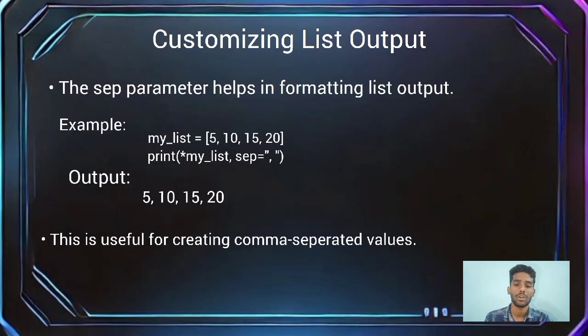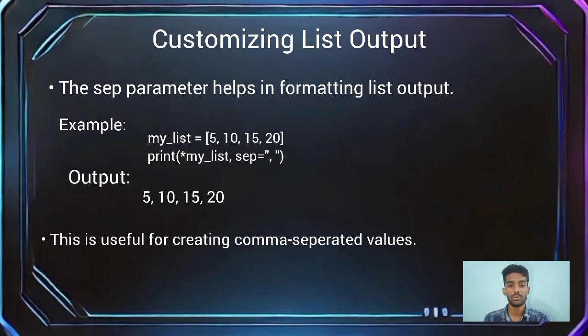Now, customizing list output. Sometimes we need more control over how list elements are displayed. Python allows us to customize the separator between elements using the sep parameter in print. Let's see an example: my_list = [5, 10, 15, 20], where we will use print(*my_list, sep=', '). In the output we can see that without brackets, only commas appear, where we use sep equal to comma.